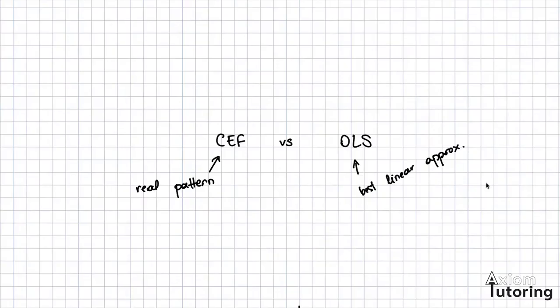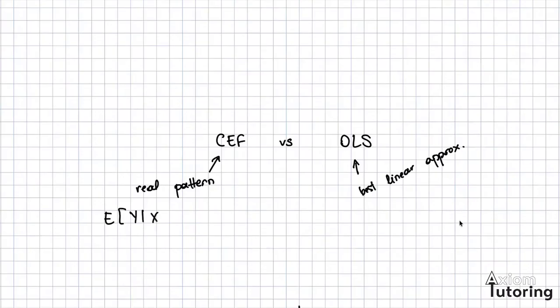Imagine that you have to guess y after seeing x values, among all possible guessing rules. And keep in mind, these guessing rules can be straight lines, they can be curves, they can even be squiggles. The one that will make the smallest average squared error is the CEF, or the conditional expectation, as we said.